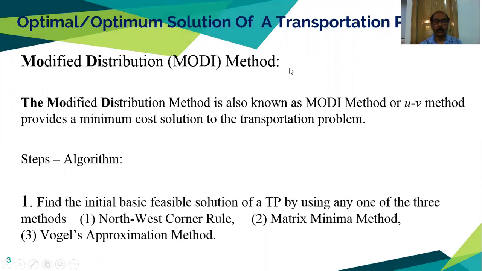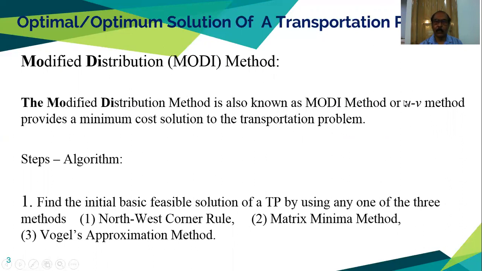Modified distribution MODI method. This MODI method is also known as the UV method. U and V are known as the shadow variables. So basically the MODI method is the UV method.